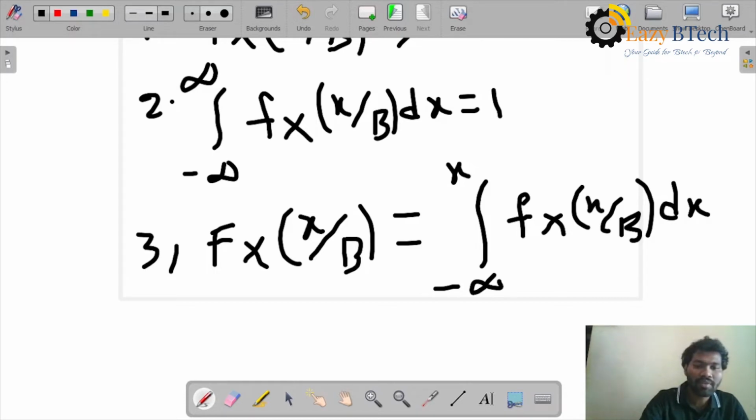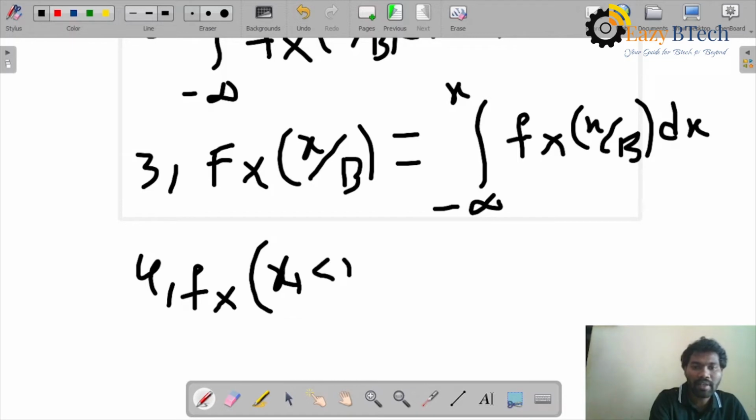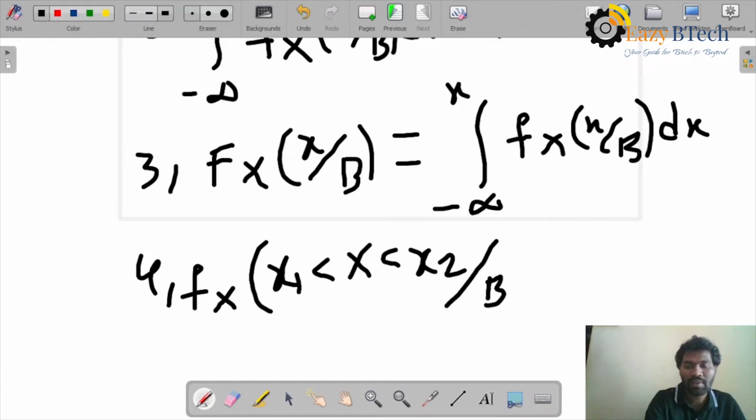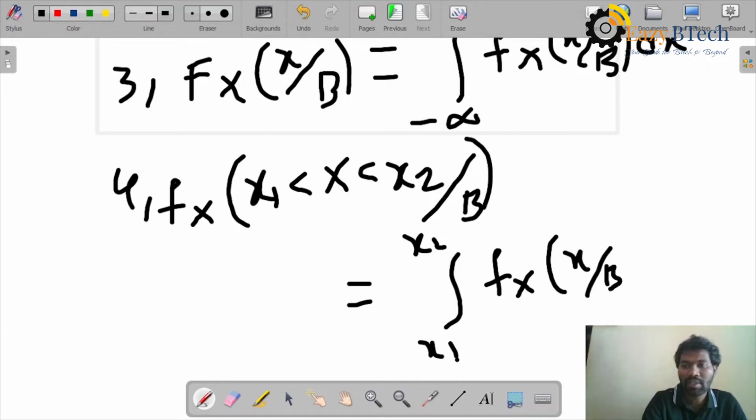Now the fourth and last one is Fx(x1 < X < x2 | B), for some event B. It can be written like this: it is equal to the integral from x1 to x2 of fx(x | B) dx.